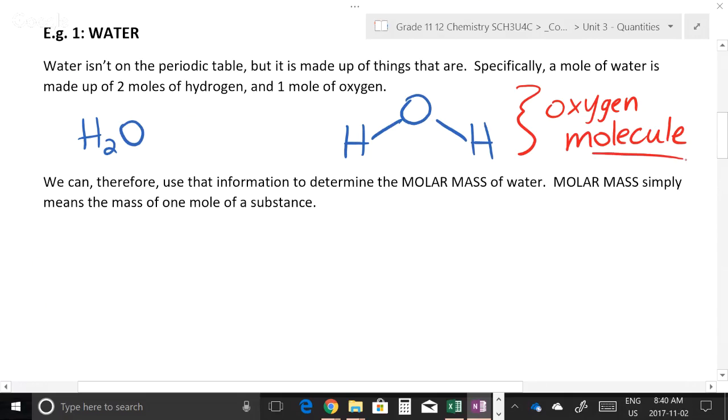We haven't used it too much this year, but a molecule is what kind of compound? It's the smallest particle of a... well, we only know about two types of compounds. What type of compound is water? 50-50 chance, kids. Yeah, good.